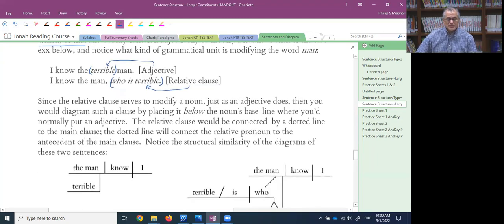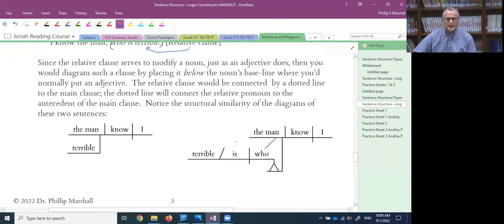Now, since relative clauses have the function of modifying a noun, what we're going to do with the relative clause is the same thing we would do with an adjective when we're modifying one of those. Adjectives are going to go below the baseline under the thing they modify.